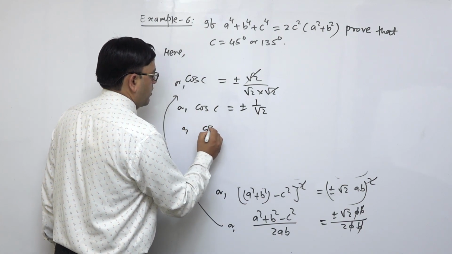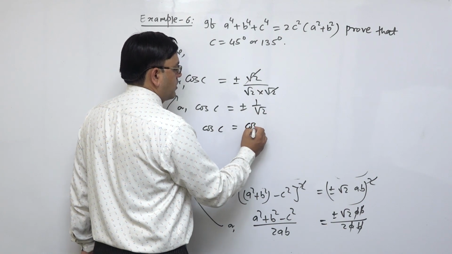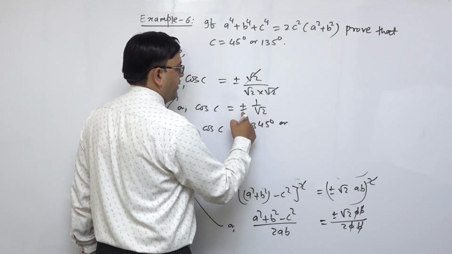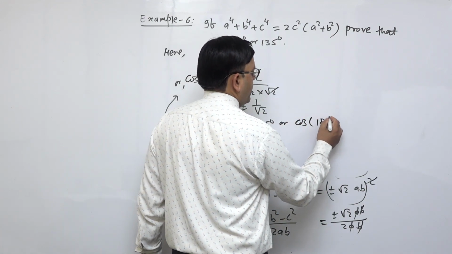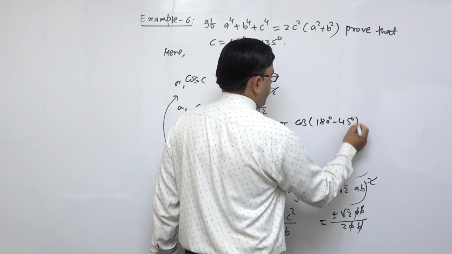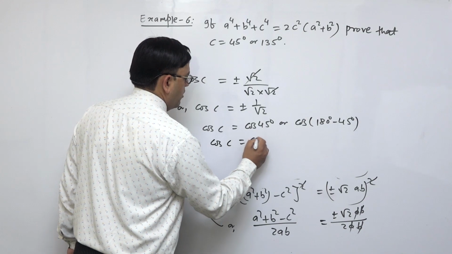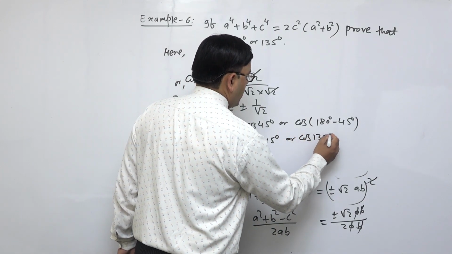So cos C is equal to 1 by root 2, which is cos 45 degree, or minus cos 135, or we can write 180 degree minus 45 degree. So cos C is equal to cos 45 degree or cos 135 degree.